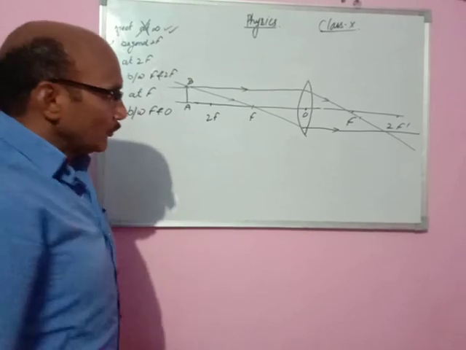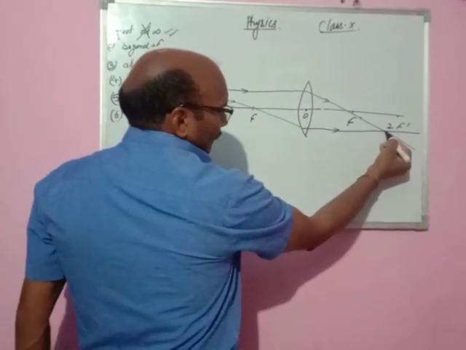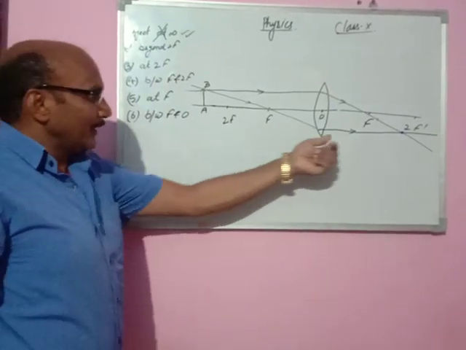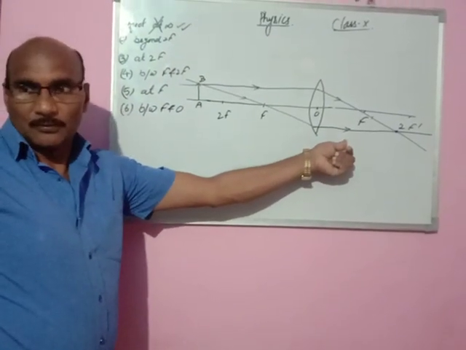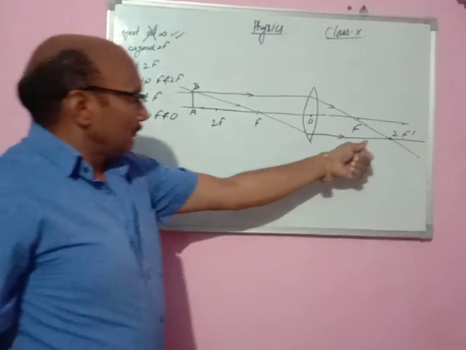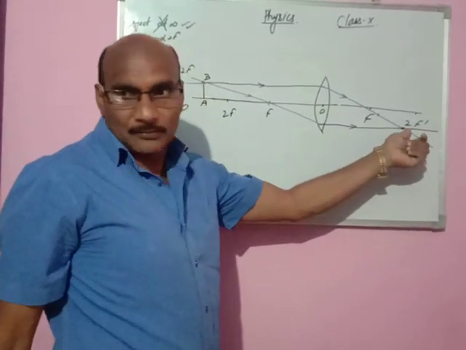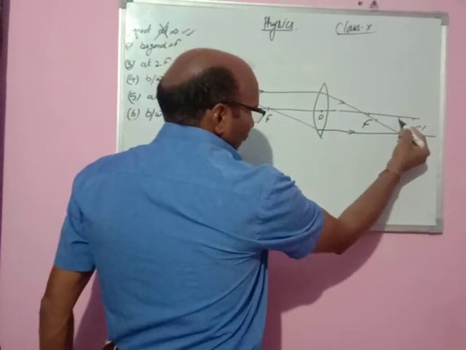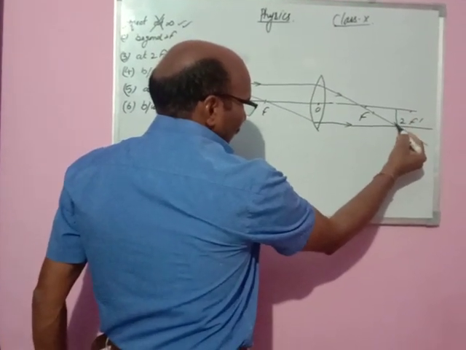This is the point where the refracted light rays that go from the lens meet. So this point is the image.